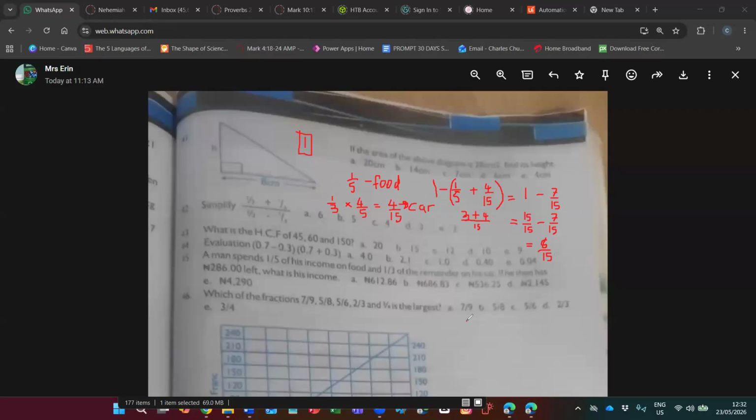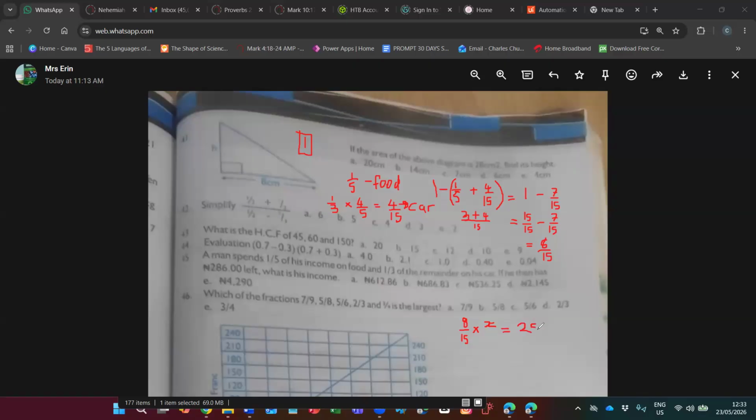Since 8/15 is representing 286 naira, look at the implication. Just watch me. Don't worry, I understand if you don't know this question. It looks a bit tricky, so that's why I'm answering it from the beginning to the end. So we're going to say 8/15 times his income equals what? 286. This is where we're going.